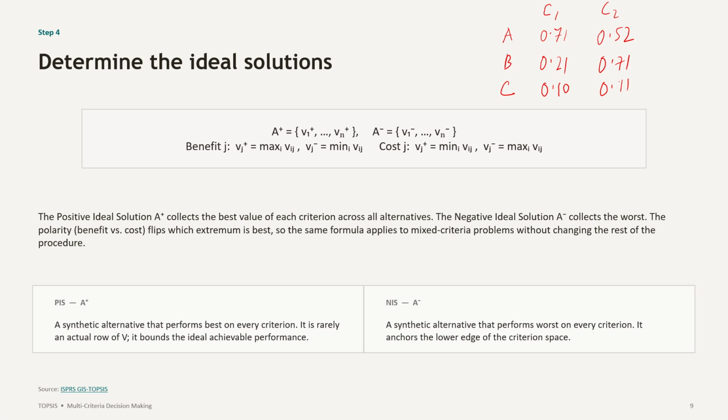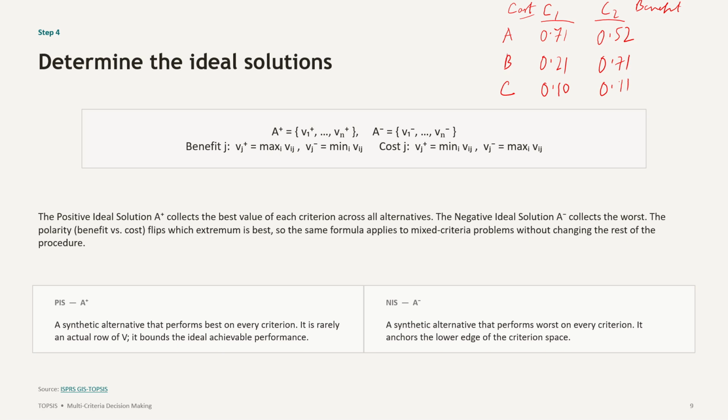Okay, now from here you see this C1 is the cost criteria. That means the more the value, the lesser will be the preference. And this C2 is the benefit criteria. The more the value, the more will be the preference.